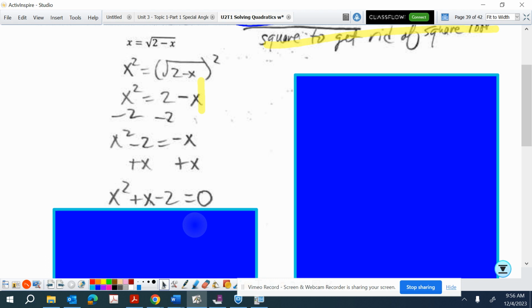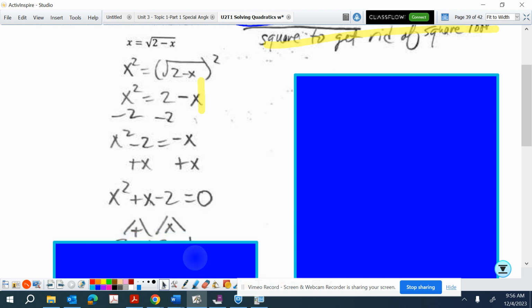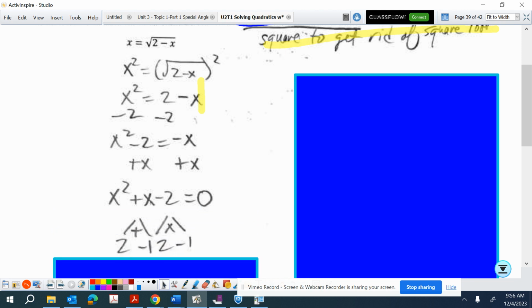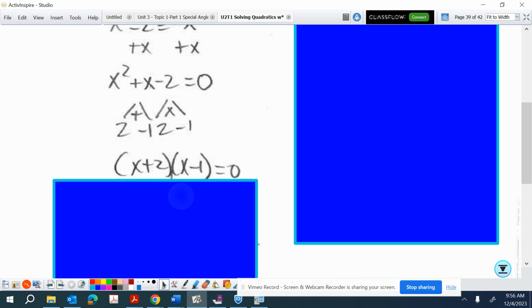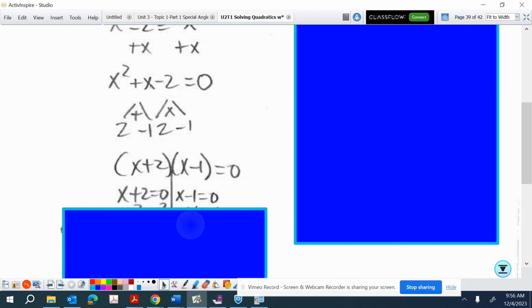This is factorable. Two numbers that multiply to negative 2 that add to positive 1 are positive 2 and negative 1. And if you remember from putting things in factored form, it's x plus 2, x minus 1. Both of those sets of parentheses are set equal to 0 and solved.